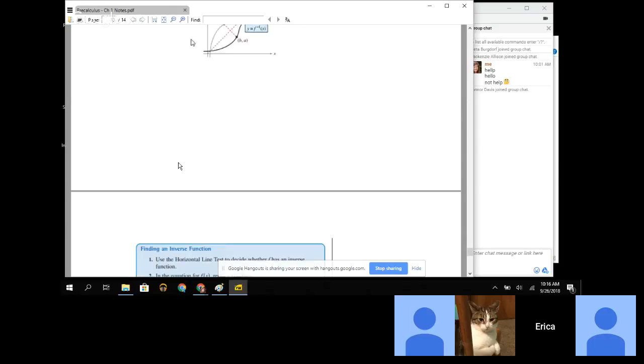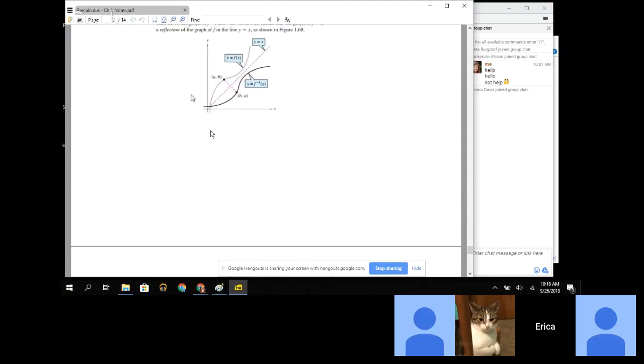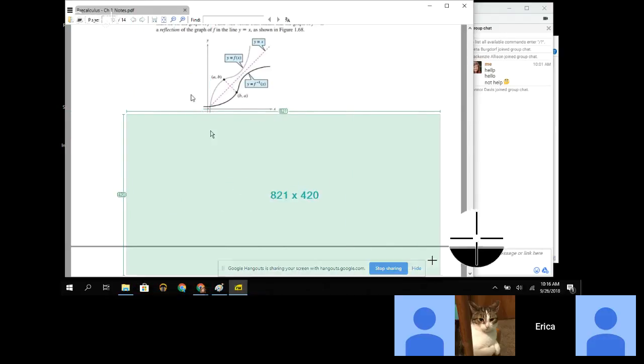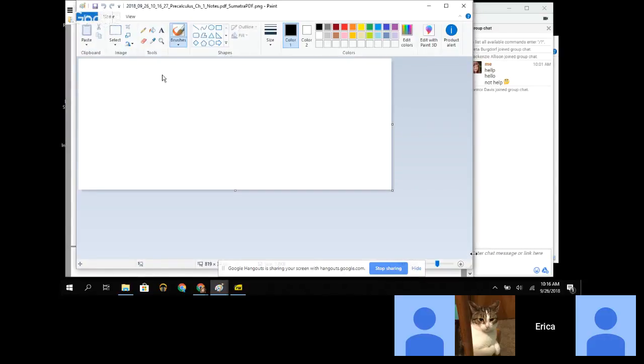And a couple other things. But how do we find an inverse? In order for a function to have an inverse, let me take a step back. What is that rule that we've talked about a couple times? How can you graphically show that something is a function?